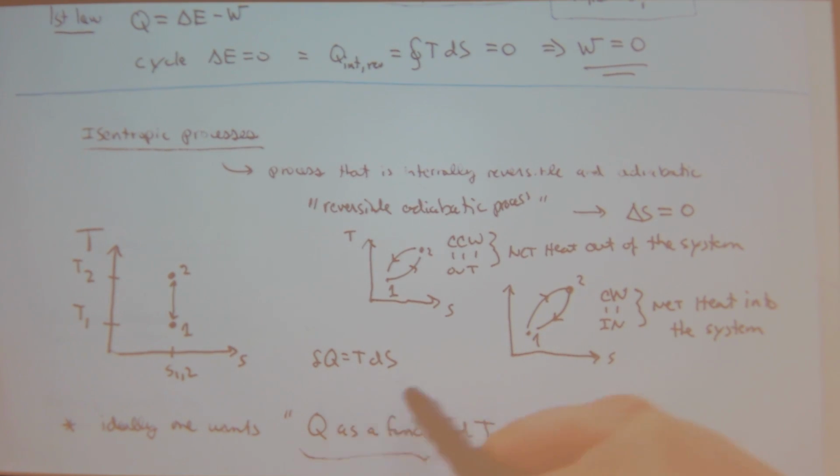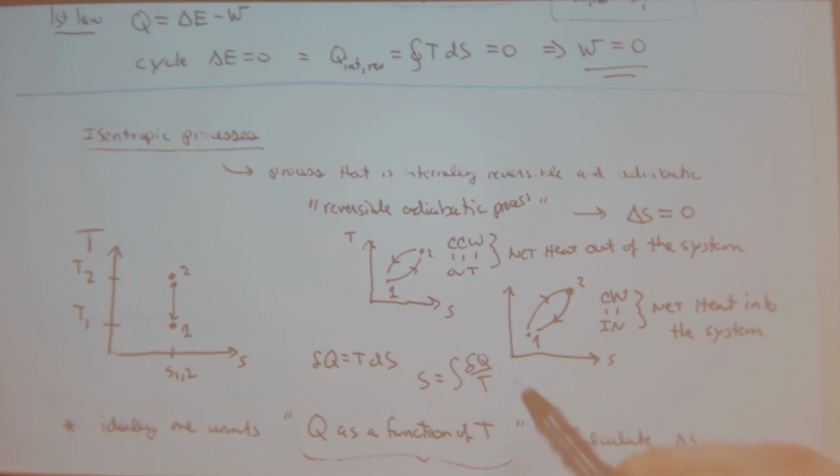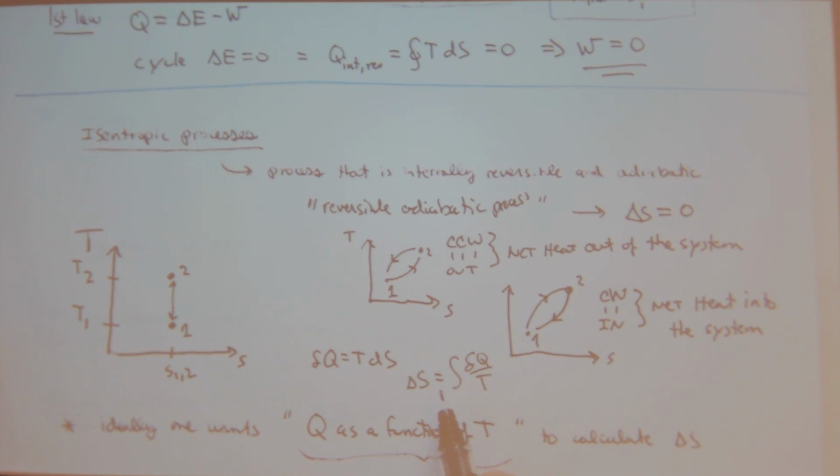I can rewrite this, and I can have S equals the integral of delta Q over T. So if Q is a function of T, I can calculate delta S. A nice way to do it is if I have Q as a function of T, and I know the boundary temperature of my system, I can always calculate the change in entropy by heat.